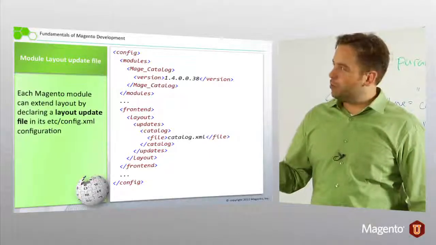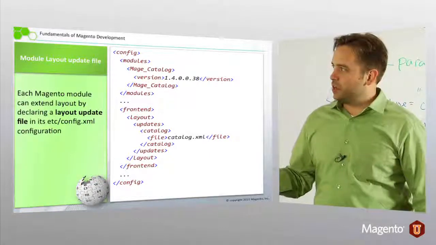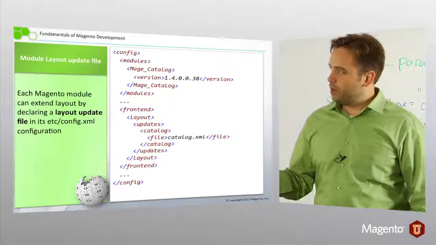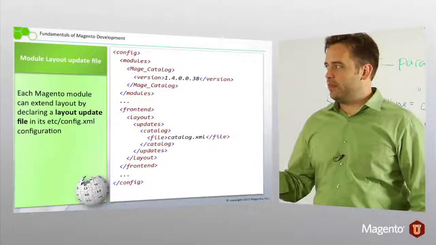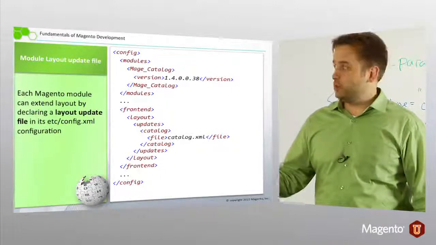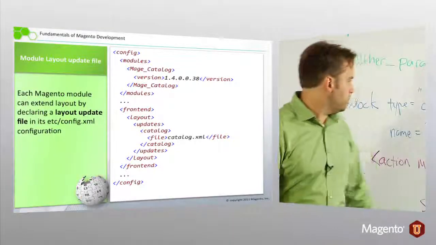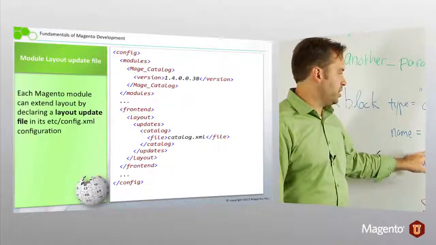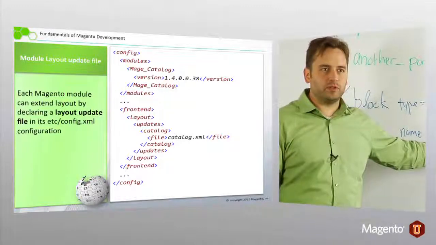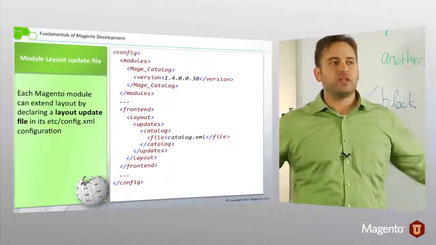In our config file, we simply, in the front end area or admin HTML area, declare layout, updates, and then we just need a unique node here, and then a file node that specifies a path to our layout file. You know, kind of like if we were declaring a template here, and we would have a path to the template relative to the template folder. Here, it's a path to a file relative to the layout folder.